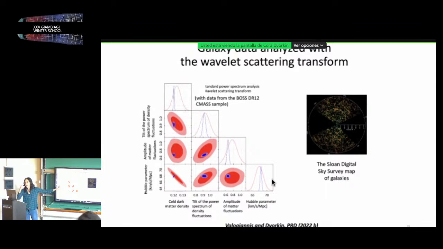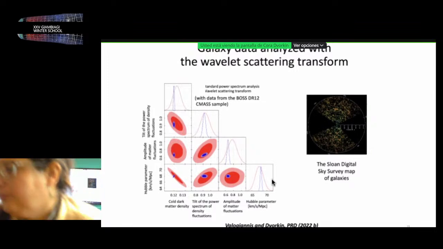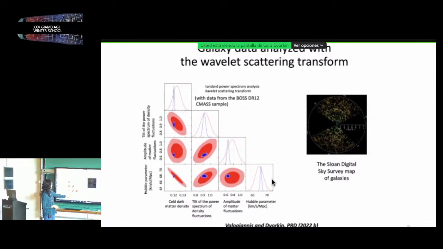And here I'm showing the constraint only for a subset of cosmological parameters: the cold dark matter density, NS, sigma 8, and H naught, okay? So here you can see the standard power spectrum in red compared to the constraints coming from the scattering transform in blue.